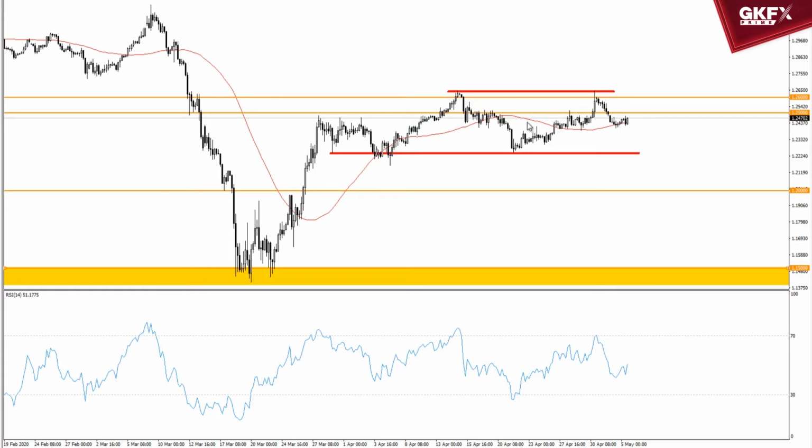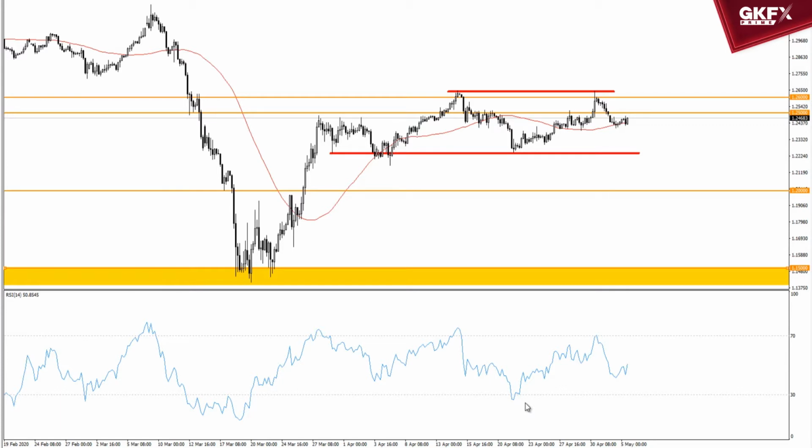And slightly less constructive on the pound, but not such a big deal, is that we're seeing some slight bearish divergence here where we've had two equal highs, but this high was slightly higher than this. It's not a big concern for me, and again we did make it into overbought territory, which is a sign of strength, but less so is that we also did make it into oversold territory on the last sell-off.